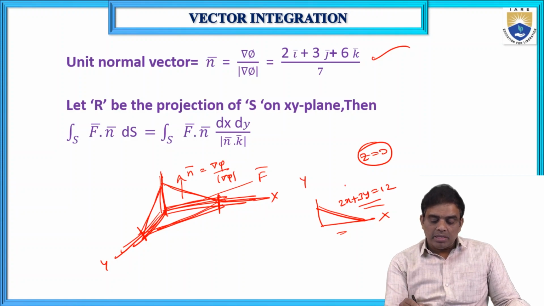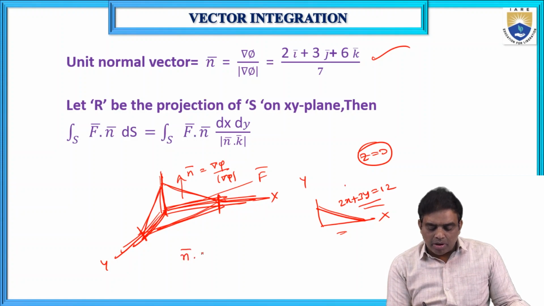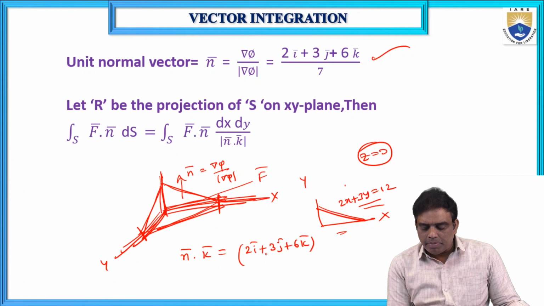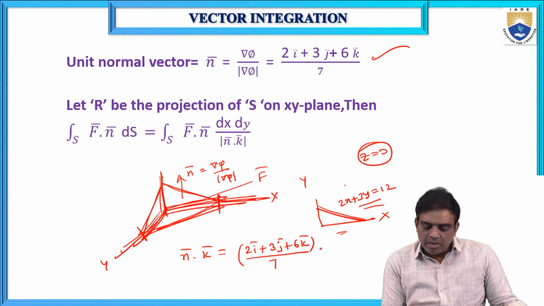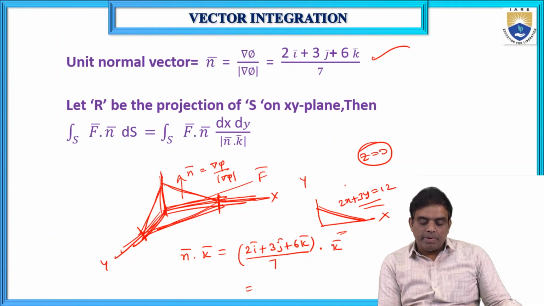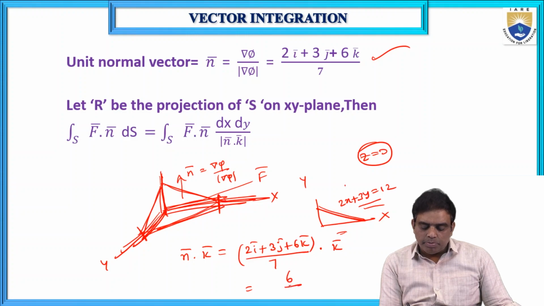So what is n bar? I calculate n bar dot k bar here also. n bar is 2i bar plus 3j bar plus 6k bar by 7, dot product with k bar. So k bar dot k bar is 1, k bar dot j bar is 0, k bar dot i bar is 0. So only you will get 6 by 7.